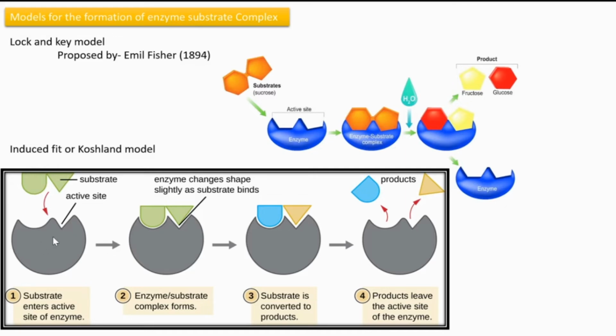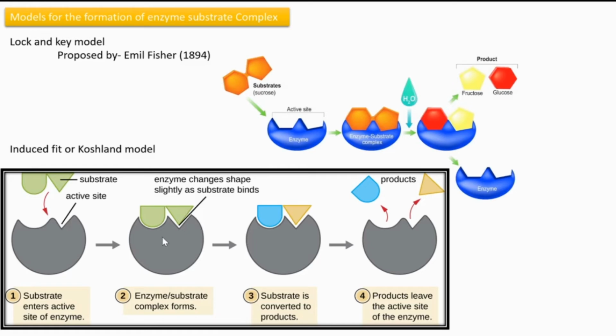When a substrate comes and binds with the enzyme, its active site undergoes a conformational change. That means the orientation and the pattern of the coiling undergoes some change after the substrate comes and binds with the active site.